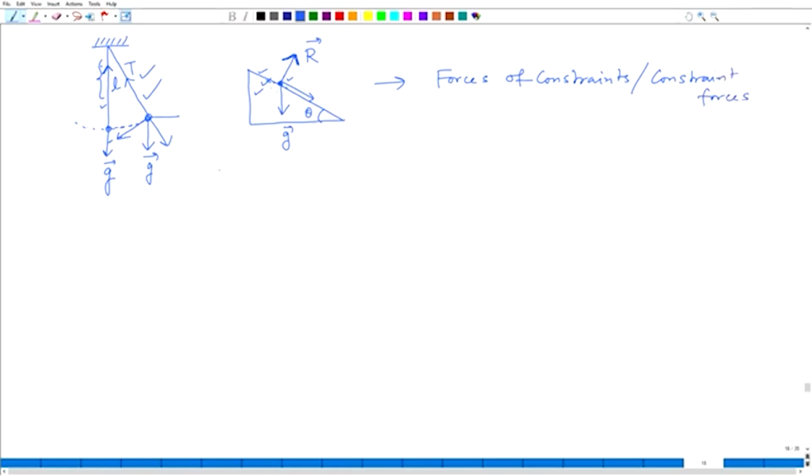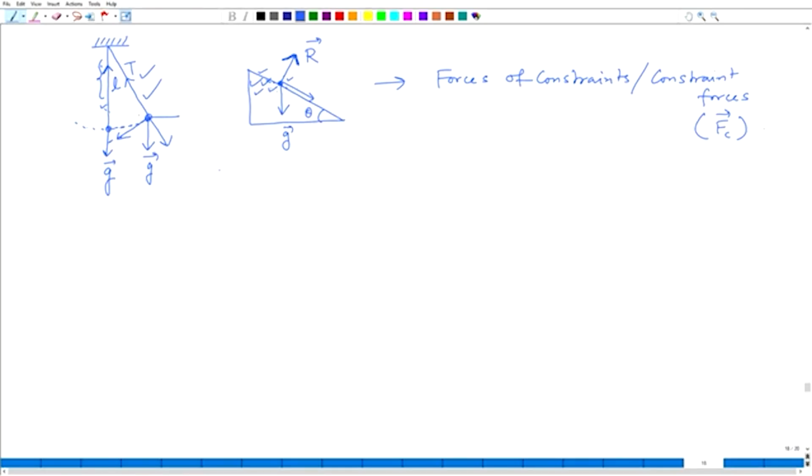You can call them FC. Now, another similarity: the first similarity, I think you have all understood, is that it comes from some response. Whenever a particle touches this body, the body responds to the particle. Here also, whenever the mass is attached to the string, the string responds to that particle.